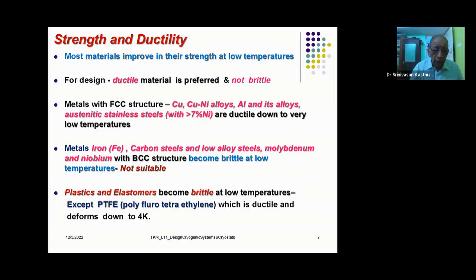For example, you may have to use niobium under certain conditions, but those things have to be done with a lot of care. Plastics and polyesters normally become brittle at low temperatures. But PTFE, polytetrafluoroethylene, is an exception. It remains ductile and deforms down to 4 Kelvin. So it is quite suitable.